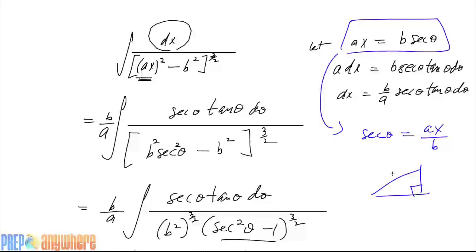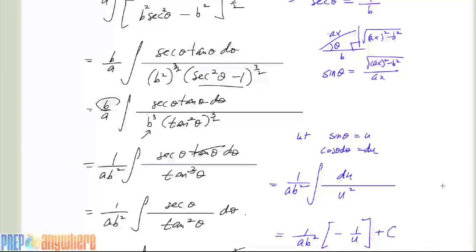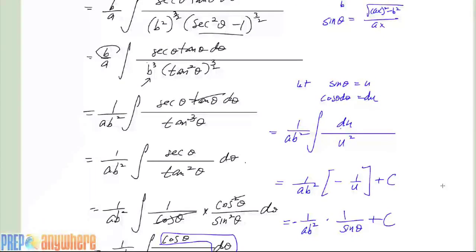So we have the hypotenuse is ax, this side is b, so we get the square root of ax squared minus b squared. Here's my angle theta. So sine of theta is going to be this all over this ax. So we just have to replace the sine of theta with that.